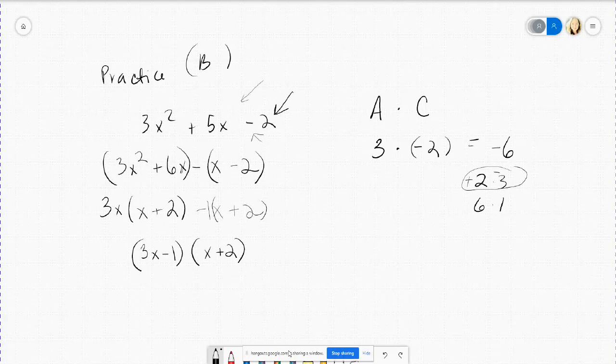Then you factor out the x plus 2. Because that's the same for both, right? Okay. So then that's going to be x plus 2. And then what's left over is 3x minus 1. Because that 1's understood right there, right?